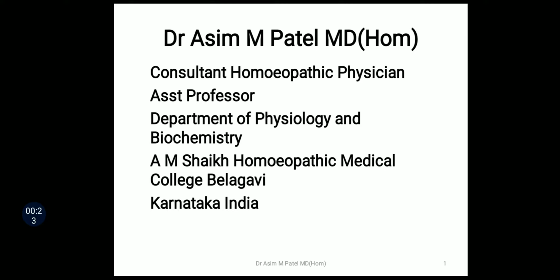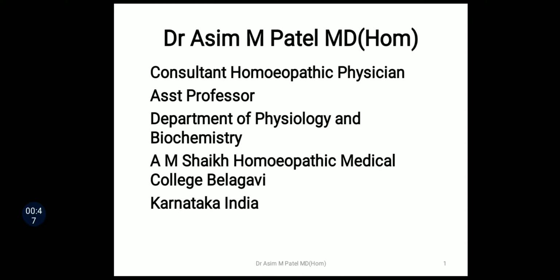These structures are scattered; they are not like a single organ or a single structure. There are multiple structures scattered below the cerebral cortex in the subcortical area. Together, all these structures are called the limbic system.